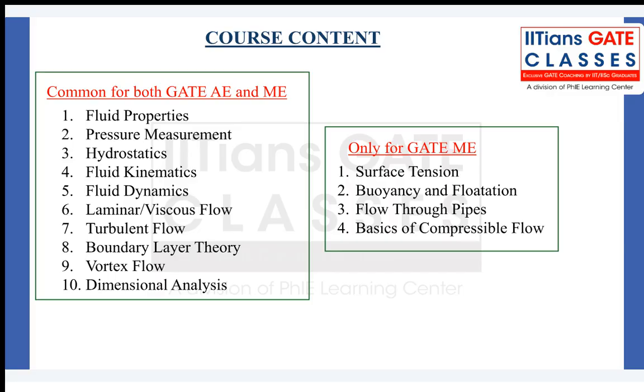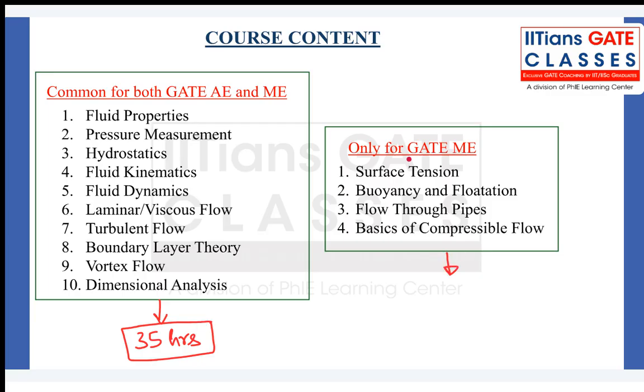So the course content has been designed like this. First of all, we will cover the common part in 35 hours for both GATE aerospace and mechanical, which covers the basic fluid mechanics for GATE aerospace and complete fluid mechanics for mechanical. Then there are some separate topics which are additional in the GATE mechanical exam.